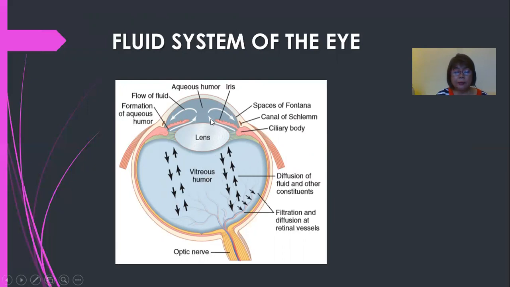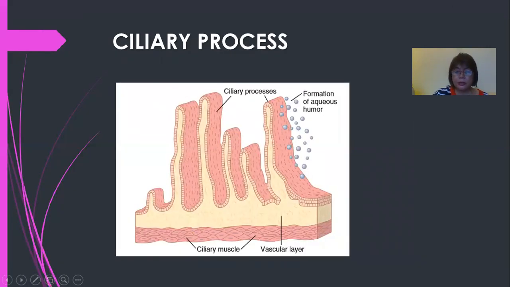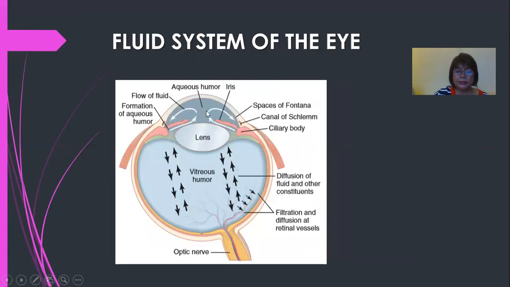The fluid washes off or cleans the eye, and whatever debris is found in the eye is cleaned and flushed through the spaces of Fontana and canal of Schlemm, and then drained by the veins later.